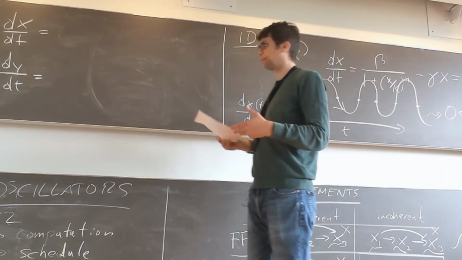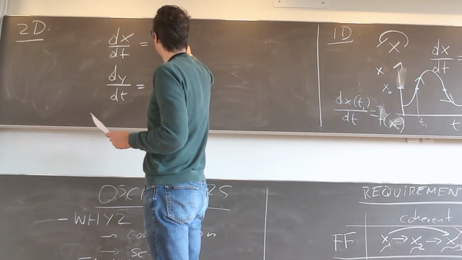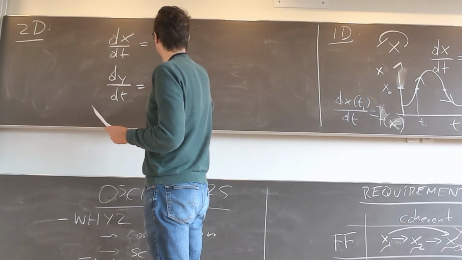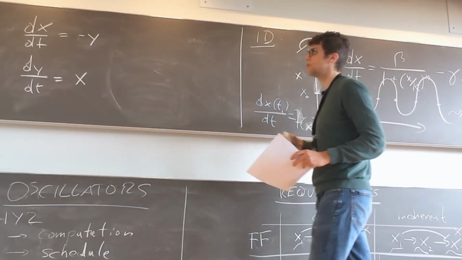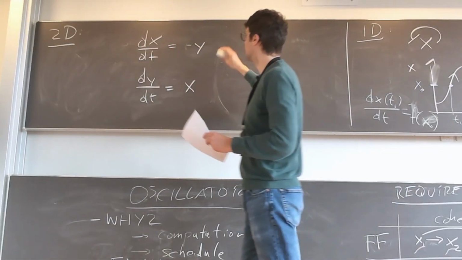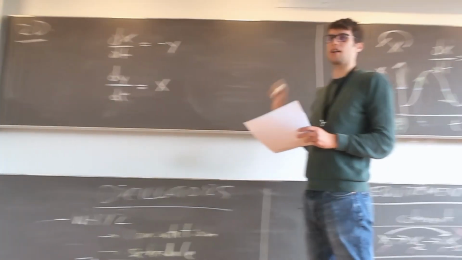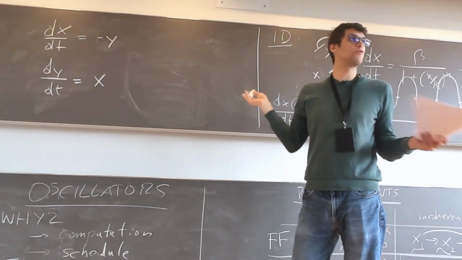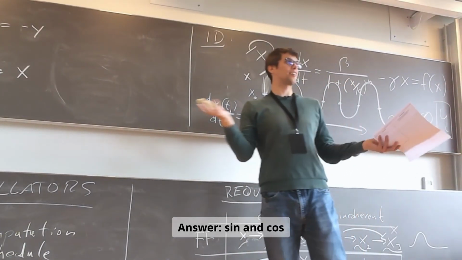There's a very famous differential equation, not because it has a name, but it's very basic, and it gives you very clear oscillations. Let's say dx/dt gives minus y, and dy/dt gives plus x. You know two functions, x and y, that fulfill this? Sine and cosine, exactly.